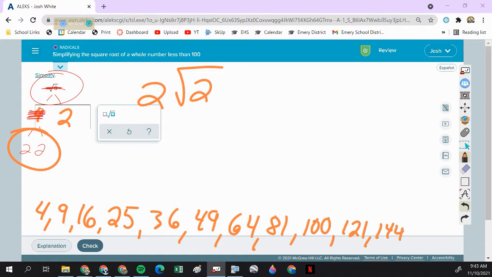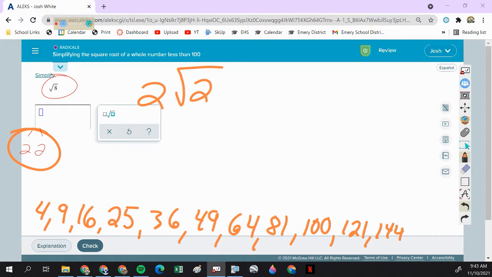Now, what did we really do? Well, I changed how the problem looked. It's still equal. If you do the square root of 8 or you do 2 root 2 in your calculator, the decimals are going to be exactly the same. 2.82 or whatever that was. But mathematically, what happened? Well, I looked inside the number 8 and I found one of these numbers.